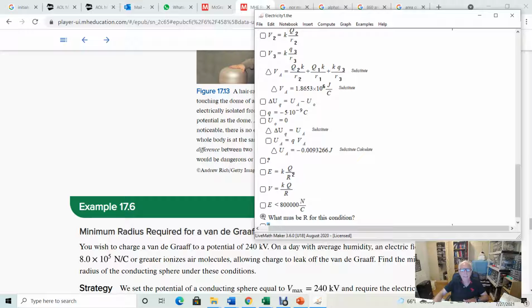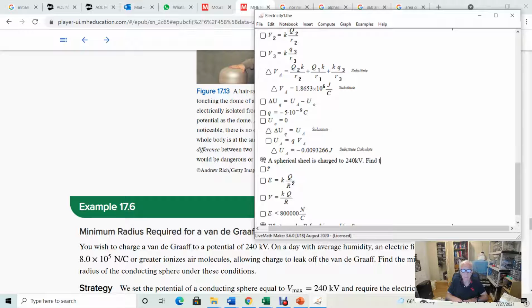Here you go. I'm going to do that. The minimum radius R for E less than 800,000 newtons per Coulomb.